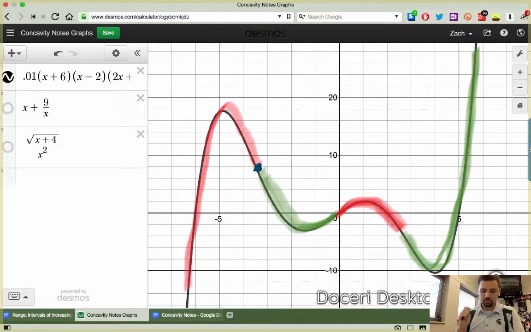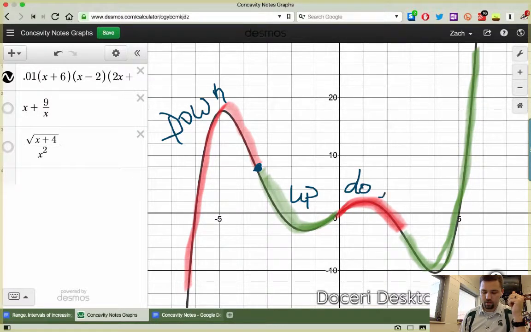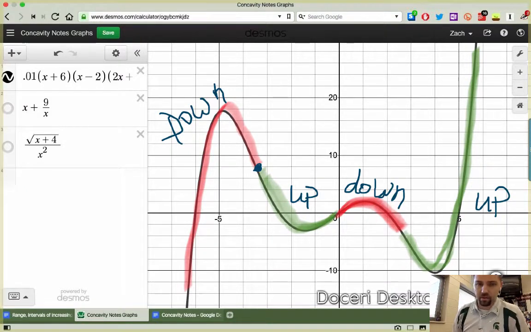Those are the intervals of concave up and down. You might want to write this on your paper: down, up, down, and then up over here. Okay, and the next two we'll write out the intervals. So for that one, let's just label it. Okay, down, up, up.